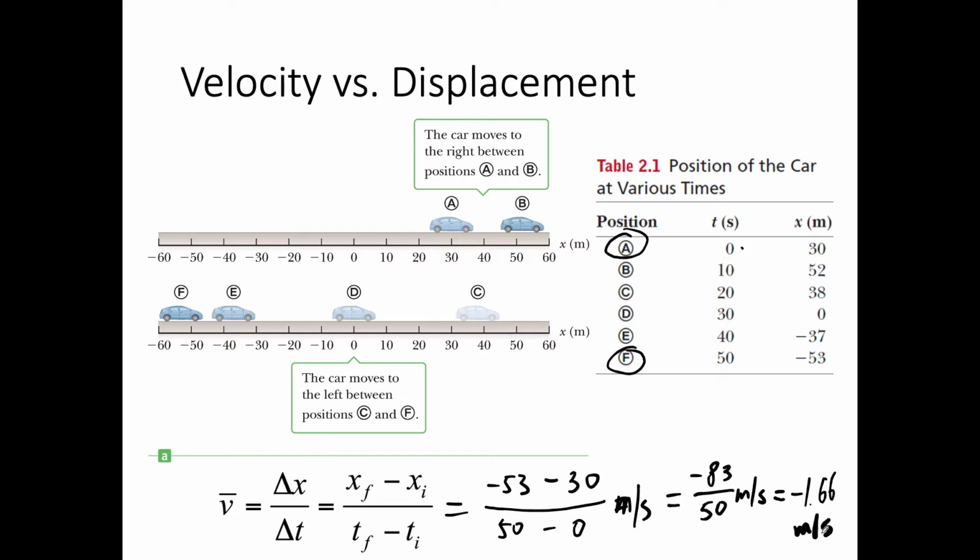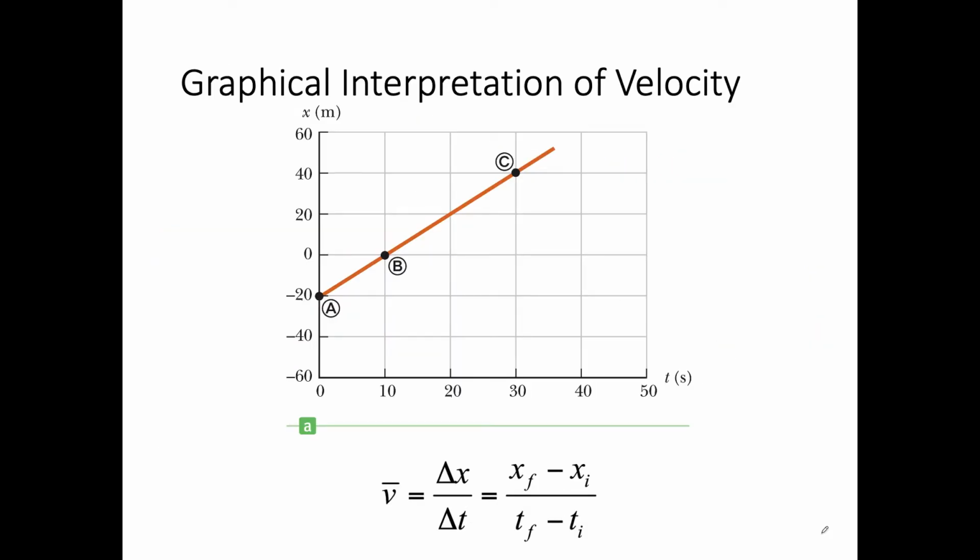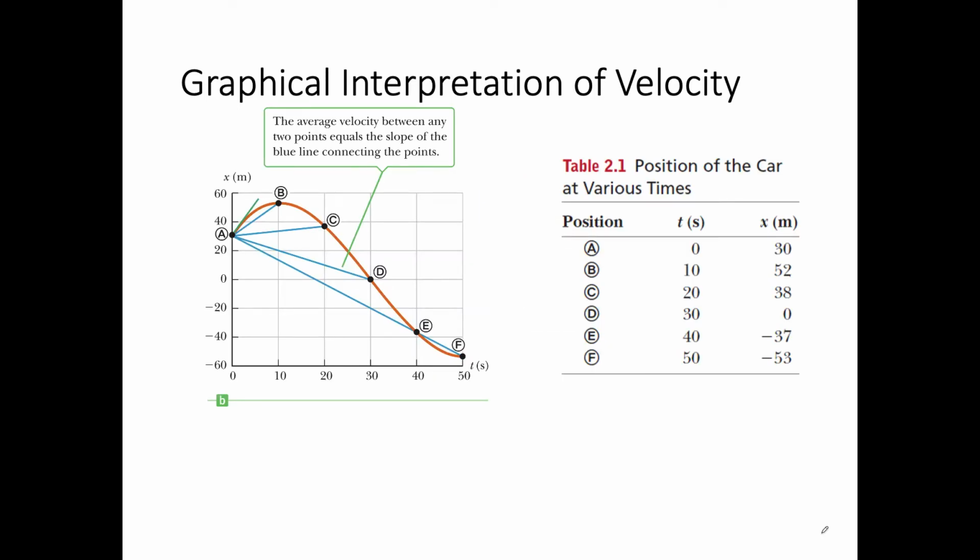Now remember, the definition of velocity is displacement over time. We can also find velocity on a graph, which is position versus time. By definition it is delta x over delta t, so it's just the slope.